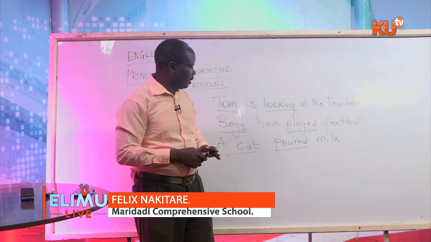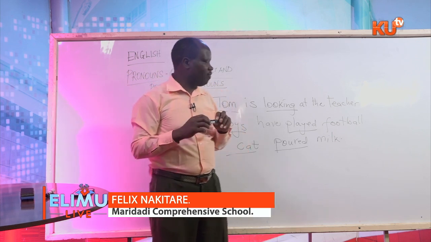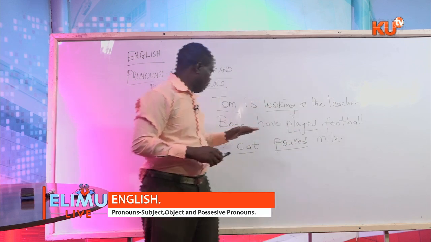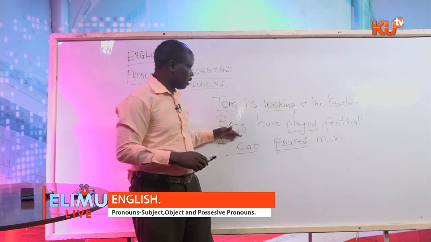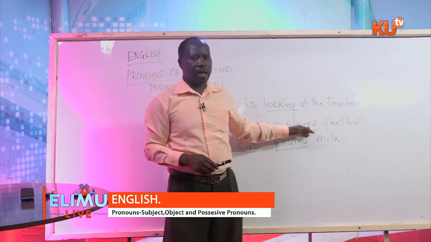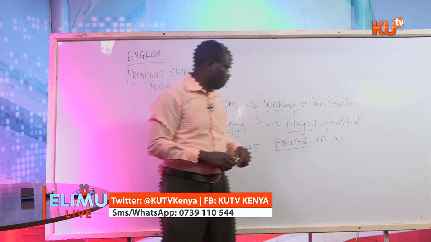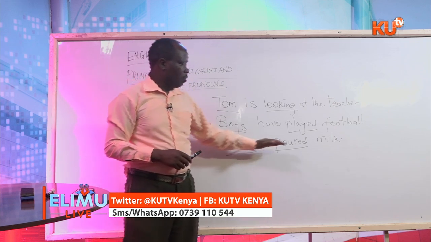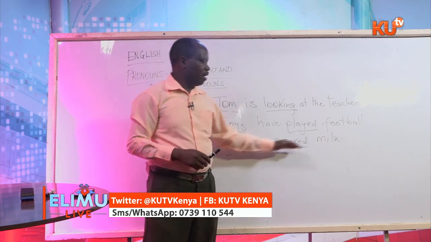Then in the second sentence, the object, the receiver of the action here, is football. Boys have played football. Boys is the subject, have played is the verb, and football is our object. Then in our last sentence, a cat poured milk.